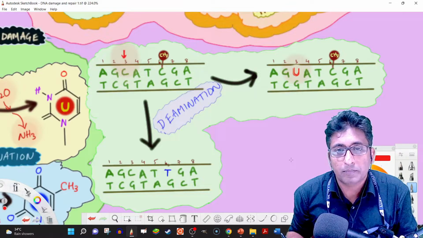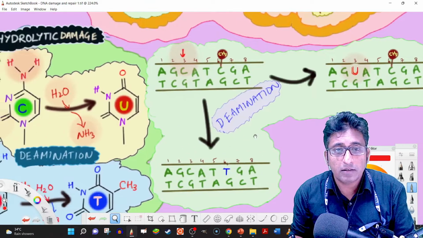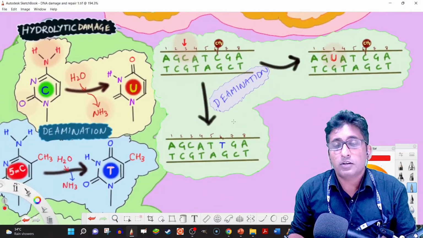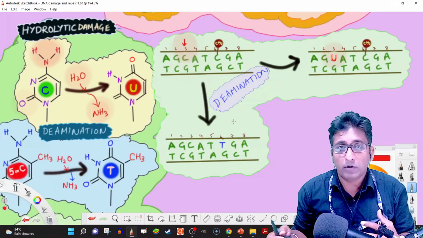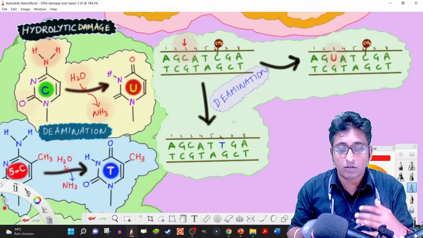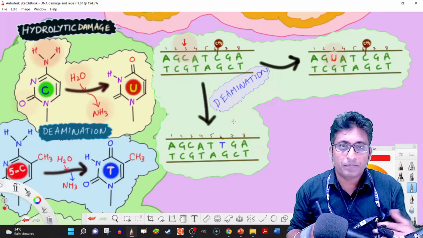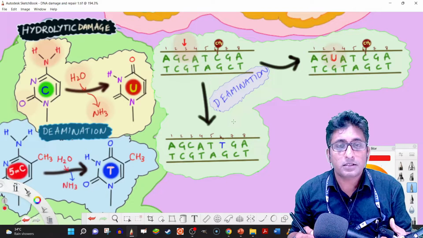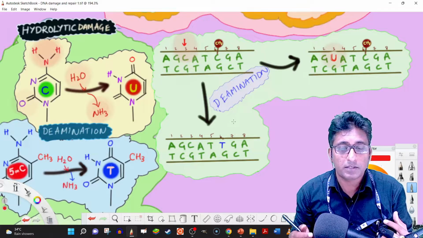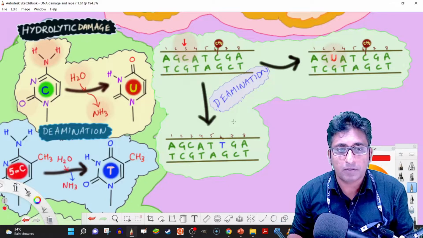What we are discussing here is more about informational stability, not the structural stability. 2' OH and 2' H is about structural integrity, or the physical integrity, of the genetic information. In this case, about thymine and uracil, which one should be present, it's more of an informational integrity.